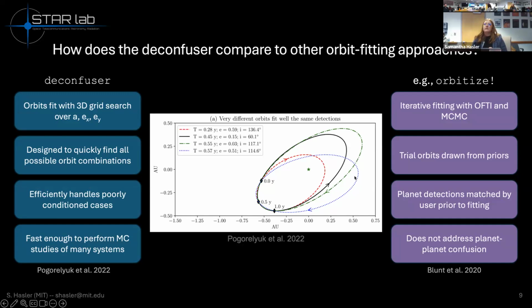So what I mean by that is this example in the middle panel where you have these very different sets of orbit combinations, which can equally fit these 3 detections. The efficiency then makes it fast enough to perform Monte Carlo studies of many systems, and we're able to study the confusion problem that way. And then standard orbit fitters don't actually address planet detection confusion, so you have to know which planet is which before you do the orbit fitting.